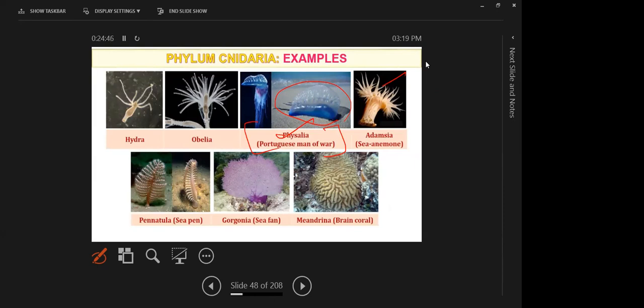Because there are many questions, later on in the end I will ask you. Sea anemone, sea horse, sea lily, sea feather. How are they different? All from C. So which one is different? Sea anemone is a coelenterate. Sea horse is, anyone guys? Sea pen, sea fan, all these are cnidarians.